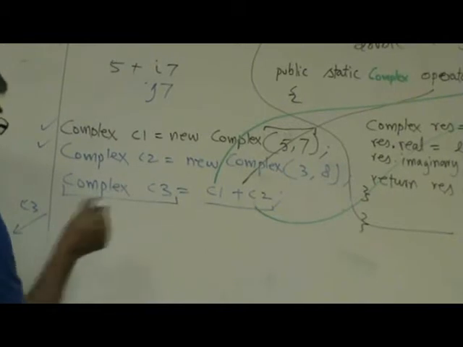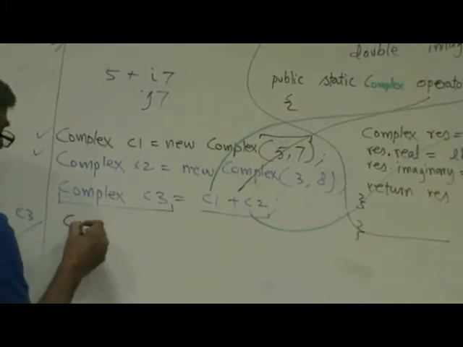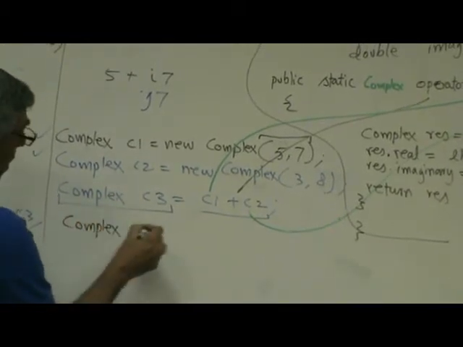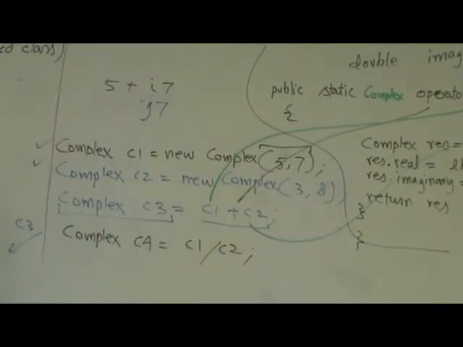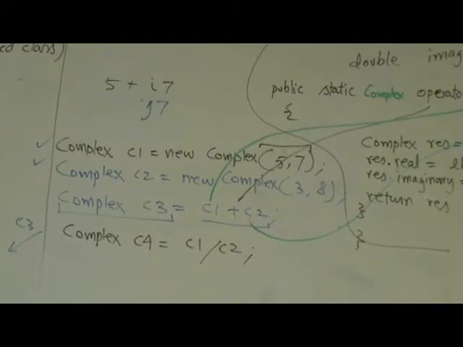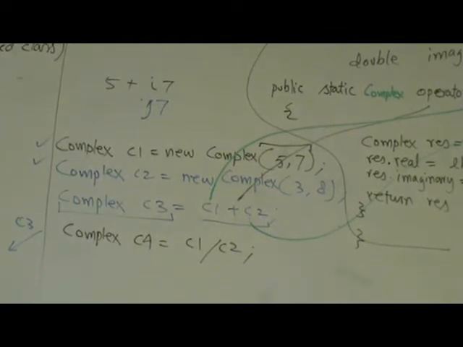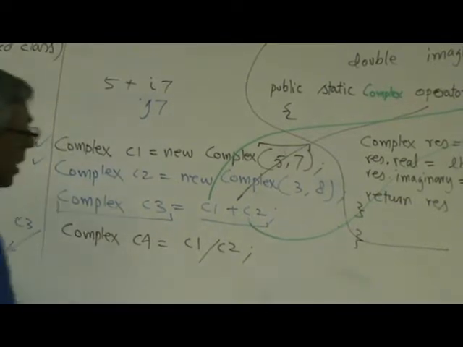So now let's say you did this, right? What if now you try to say in the next line, Complex C4 equal to C1 divided by C2? What will happen? We'll have to overload again for the divide operator, right?